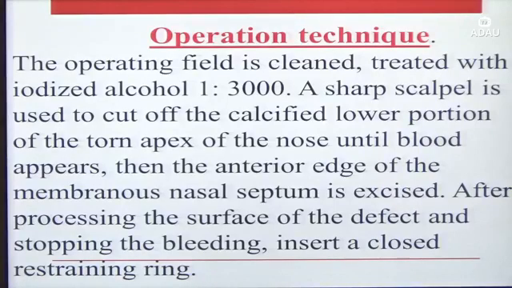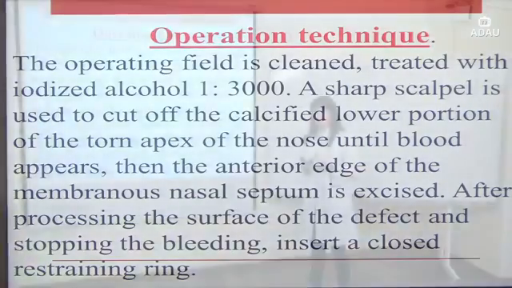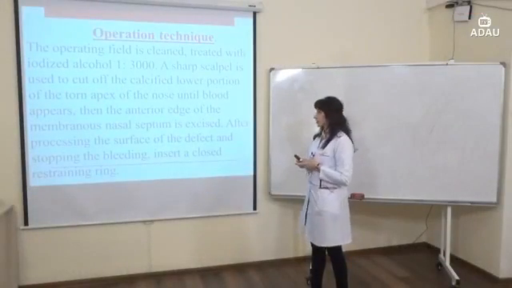About the operating technique, I said it in the picture. To stop bleeding, we use a tampon, and after the operation, we wash with a special solution, 3% hydrogen peroxide solution. We use some different disinfection solutions.